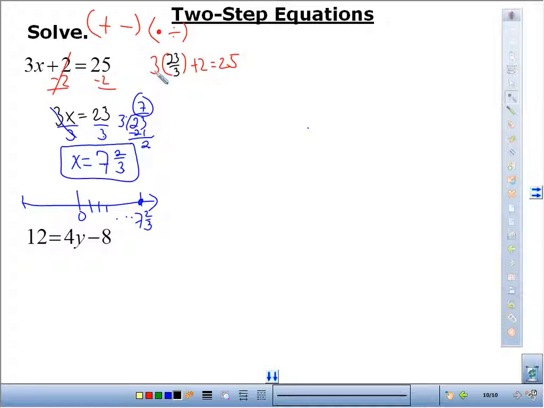So let's see. To multiply these, we add 1 right here. What is 3 times? Oh, can we simplify, by the way? Here and here. So we're left with what? 23 plus 2 equals 25. Is 23 plus 2 25? Yep. Is 25 equal to 25? Yeah. Do this one by yourself, please.